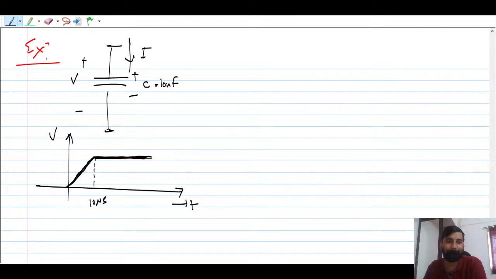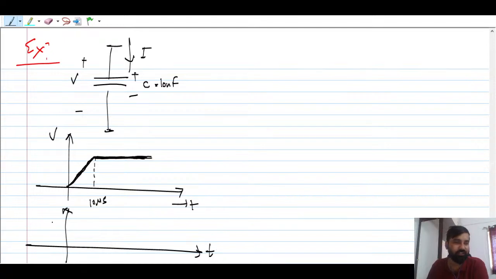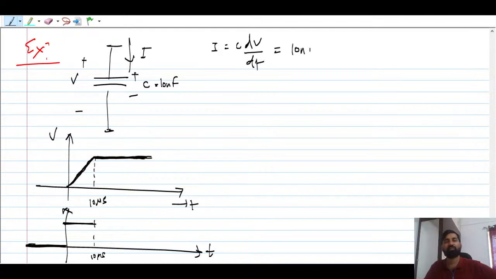If I try to draw the curve for the current which will flow through the capacitor, initially it is going to be 0, but for 10 microseconds it will be like this. How can you find this current? Current can be found using the relation I = C dV/dt. C is 10 nanofarad, and dV/dt you can find from this curve.